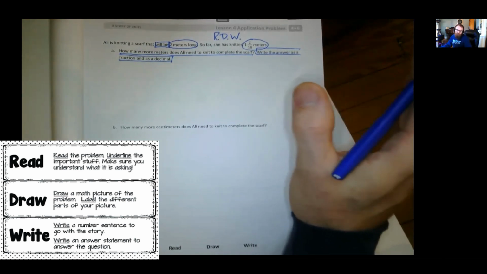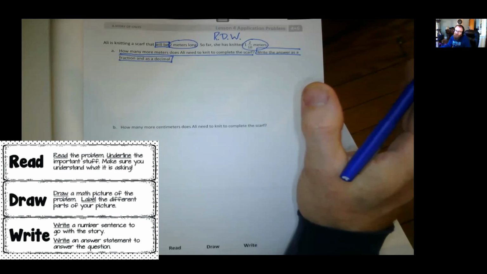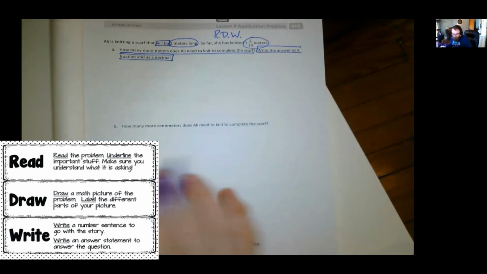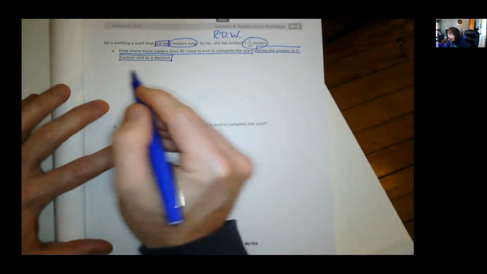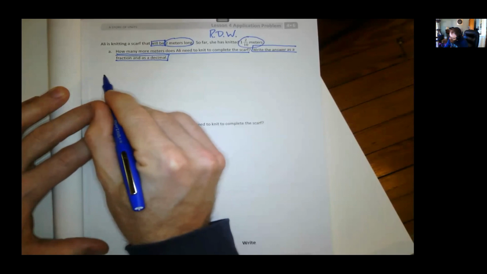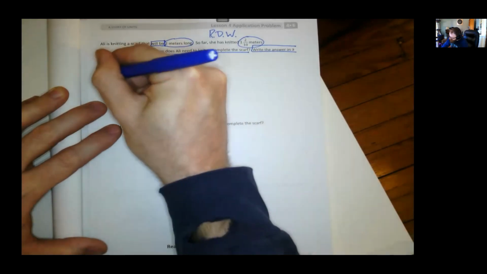There's a couple different things you can draw to help you solve this problem. We could draw a number line, or we could draw a tape diagram. They're similar in some ways and they can represent the same information. We're going to start with a number line. Draw yourself a number line, make it nice and long. Try to make it look just like mine.